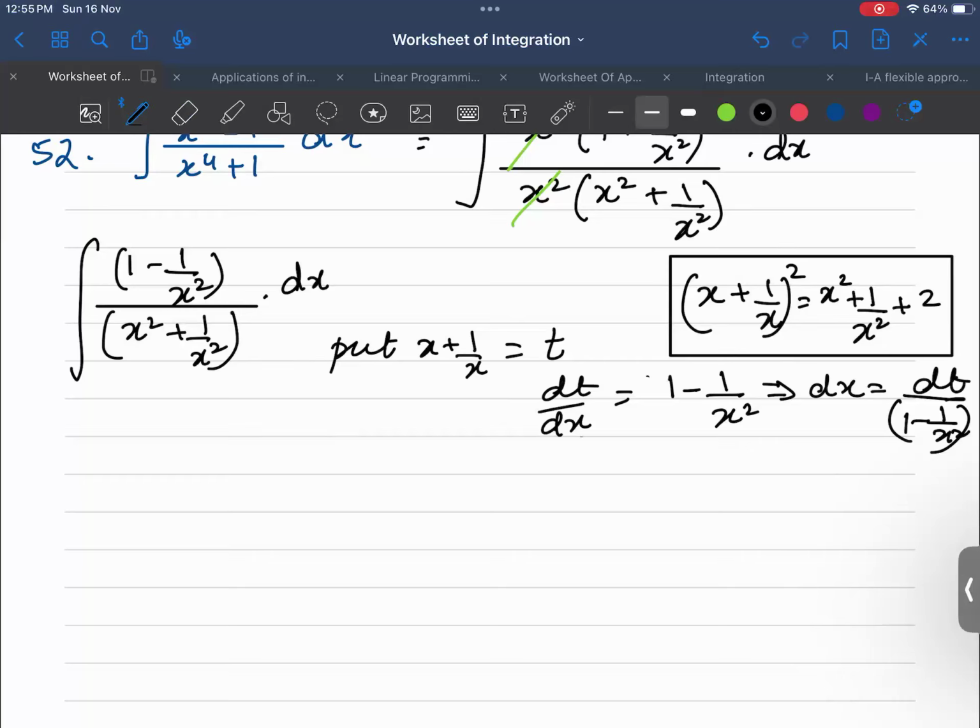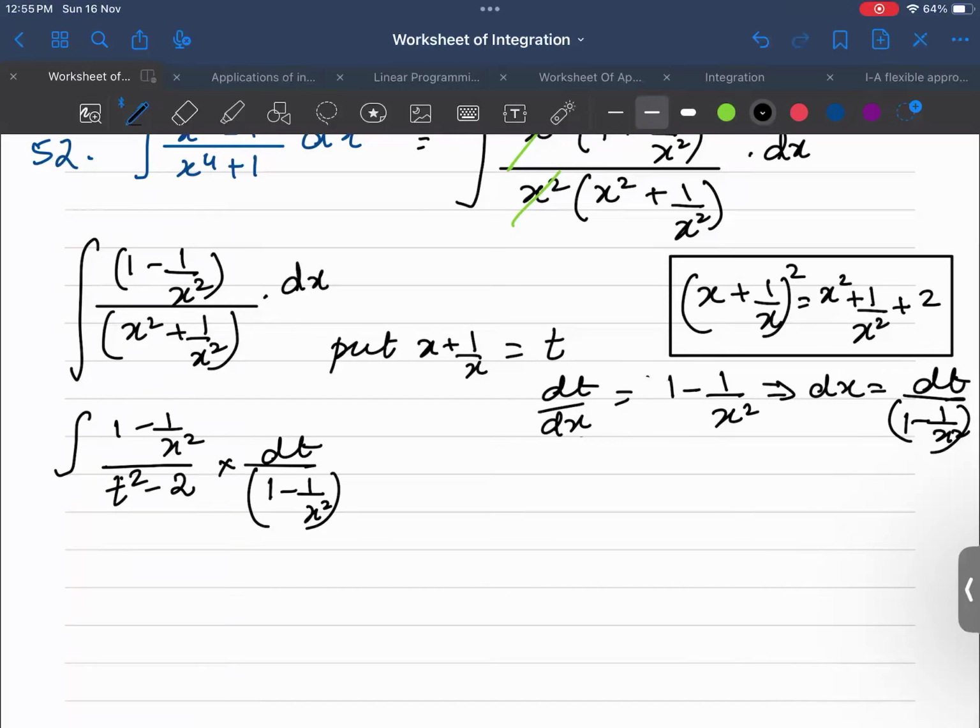Okay, chalo, now we will write it in this question. I can say 1 upon x square dt. We can write e square minus 2 into dt upon 1 minus 1 upon x square.